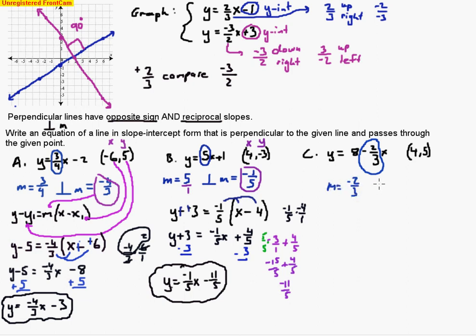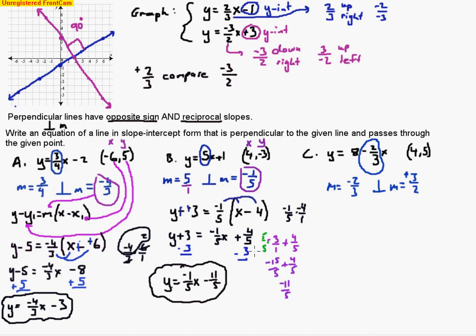But again, just as before, we don't want that slope. That's the parallel slope. We want the perpendicular slope. So that perpendicular slope is positive 3/2. It's positive because this one's negative. And so it's always the opposite sign. So if one's negative, the other one's going to be positive because those are opposite in sign. Well, we're going to take that slope.